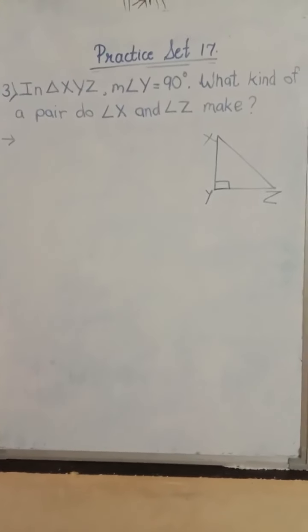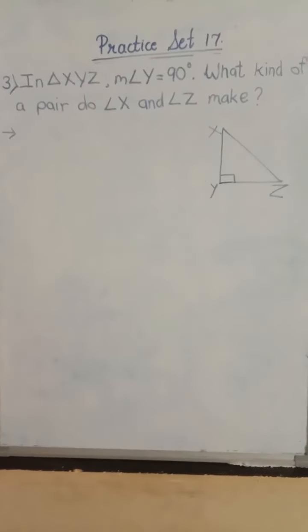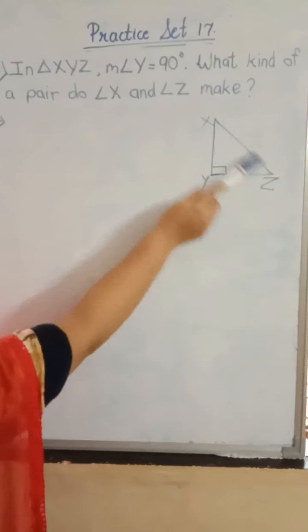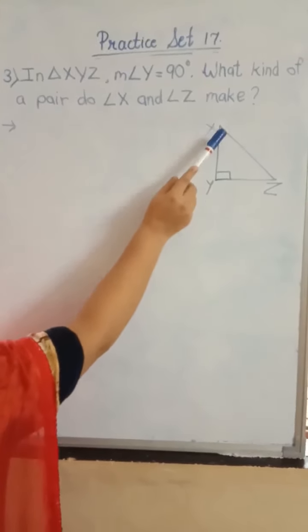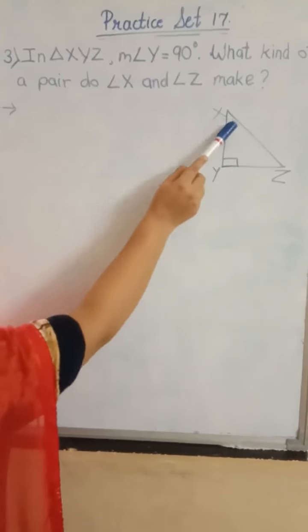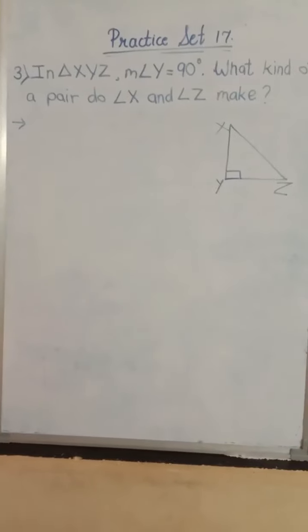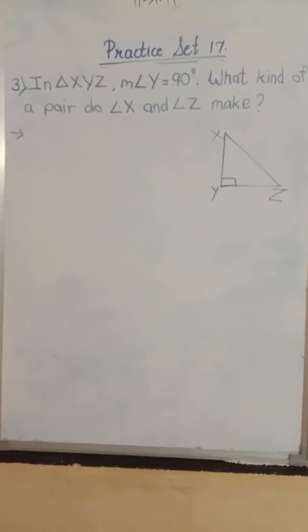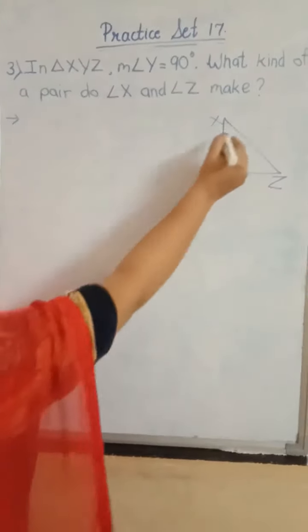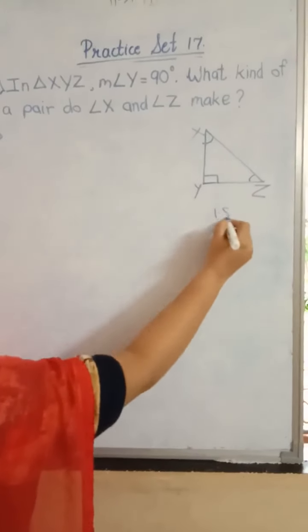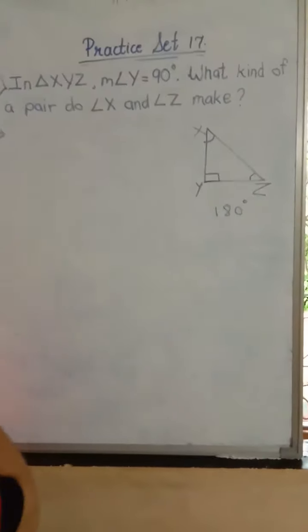Yes. What kind of pair do angle X and angle Z make? Means which pair will they make? Whether they will be a complementary or a supplementary pair, we have to find out. Okay. One more thing, children, we have learnt last year that the addition of the three angles of a triangle is always 180.